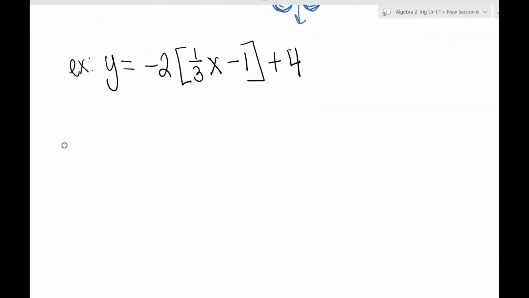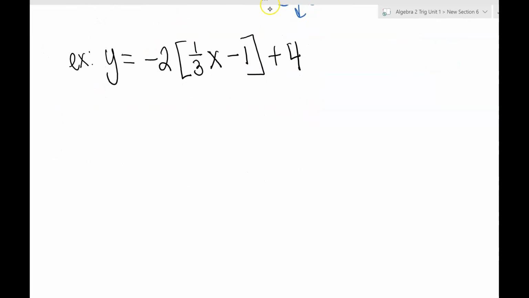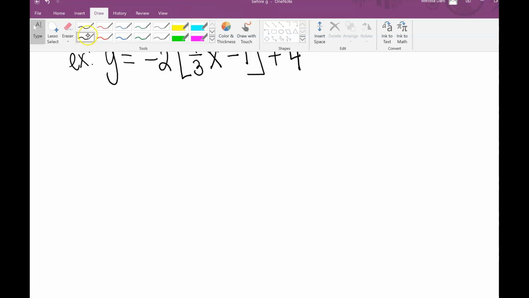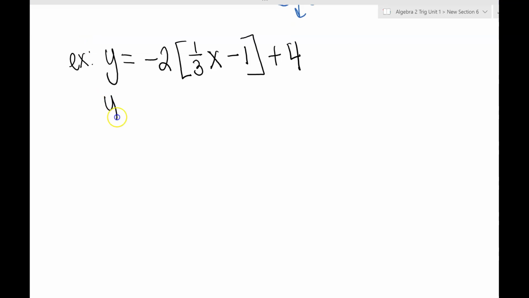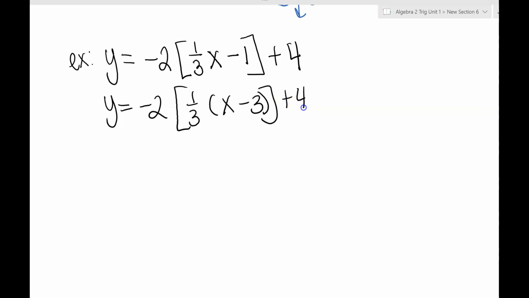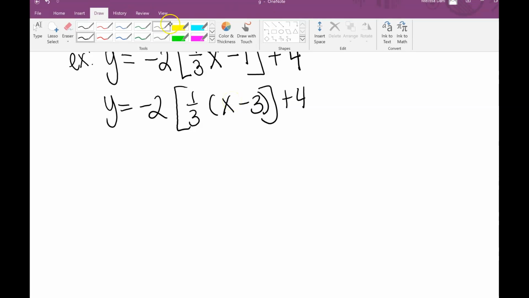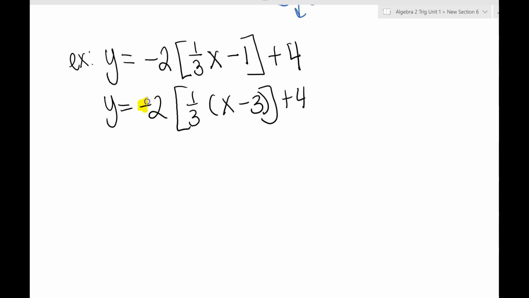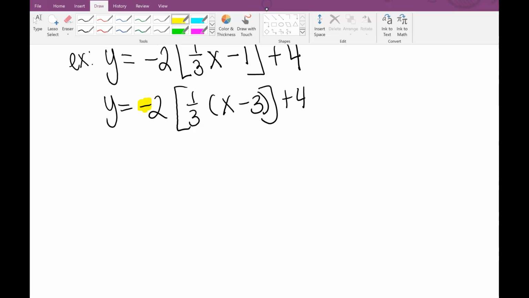So let's put that into practice, and then let's see how we write the range of something like this. So just a small note here, we need to factor out that 1/3, and I get a 3 because -1 divided by 1/3 would leave me with -3. Now, things that I know about this. I have this negative, so that is a reflection.